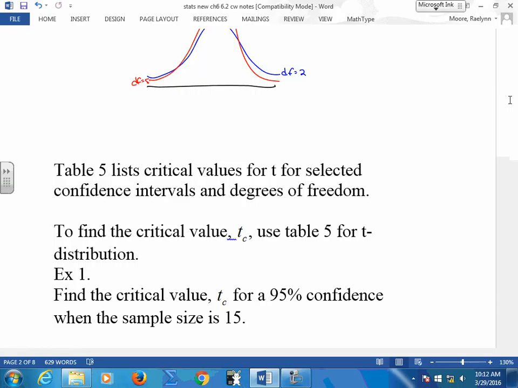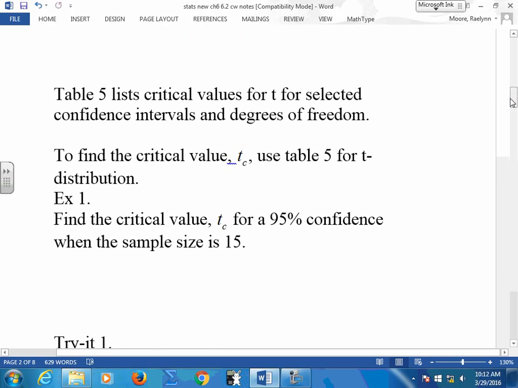So if you take a look at this example, we'll read this and then we'll go to the chart in the back. They want you to find a critical value, TC, instead of ZC, for a 95% confidence level when your sample size is 15. Now, follow that chart.